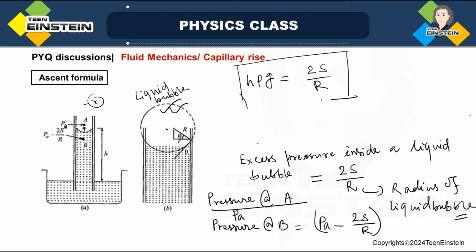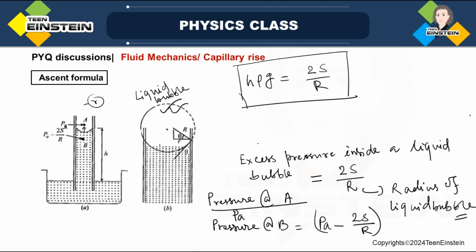We know there is excess pressure at point A. That excess pressure drags the liquid up to this height, only till the excess pressure can balance the hydrostatic pressure.